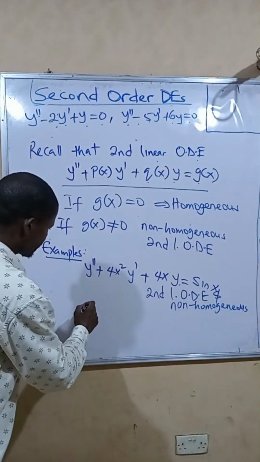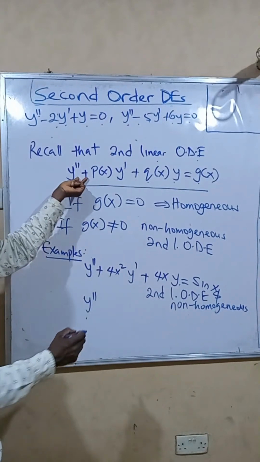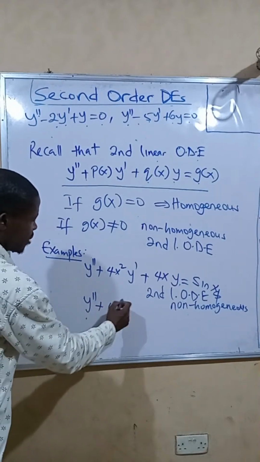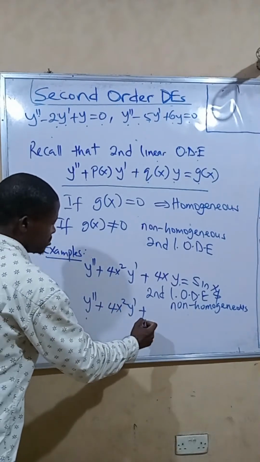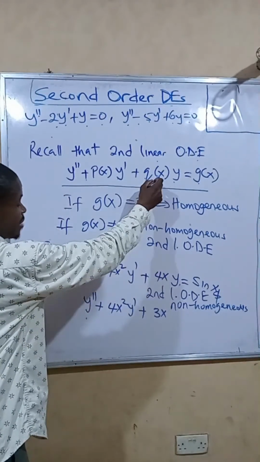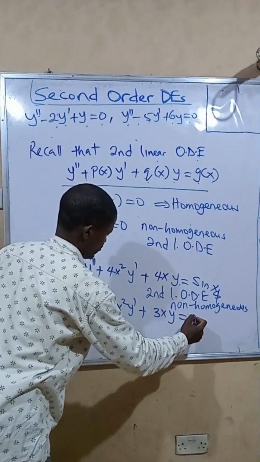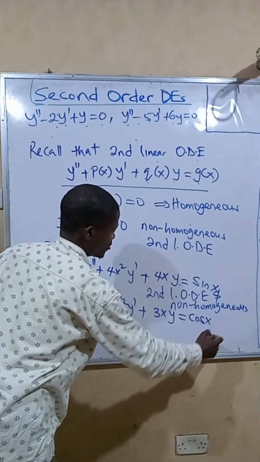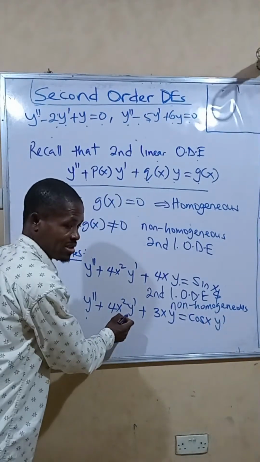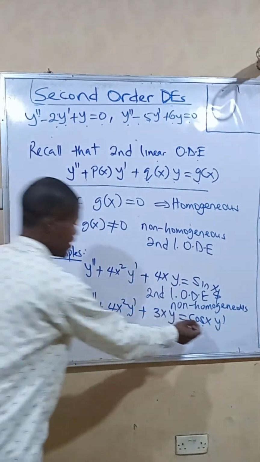Imagine you have another one, following these formats: y double prime plus 4x squared y prime plus maybe 3x, that's your q of x, times y. And possibly you have cos x y prime. So y prime is there, y prime is there. We can bring them together, so move this one to this side.